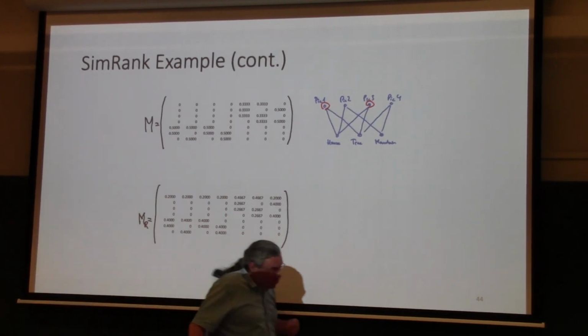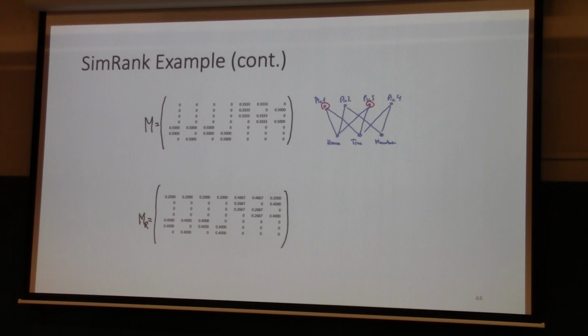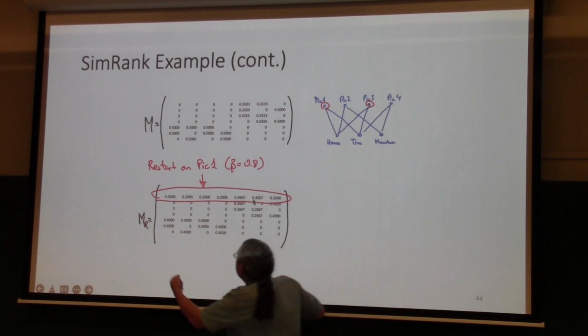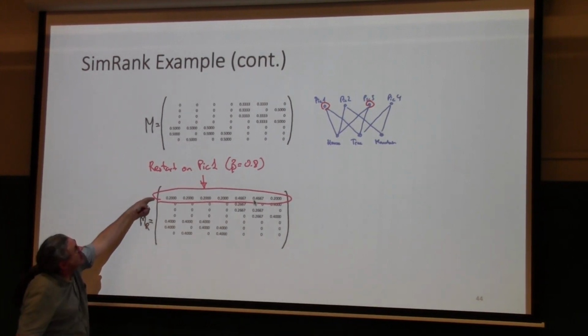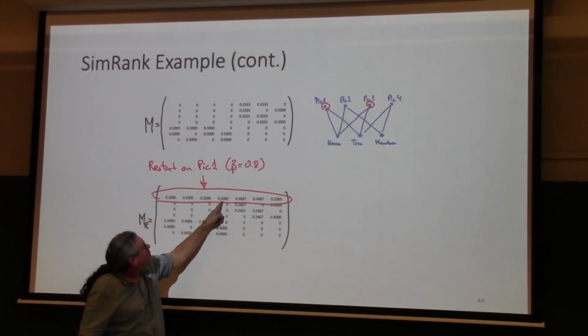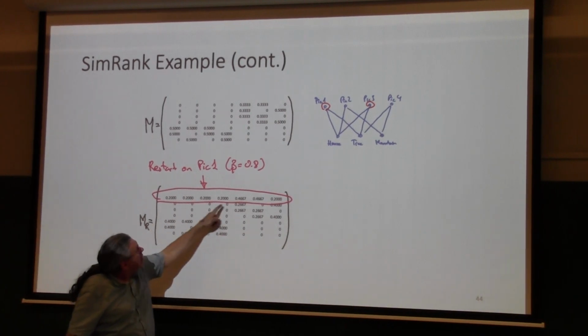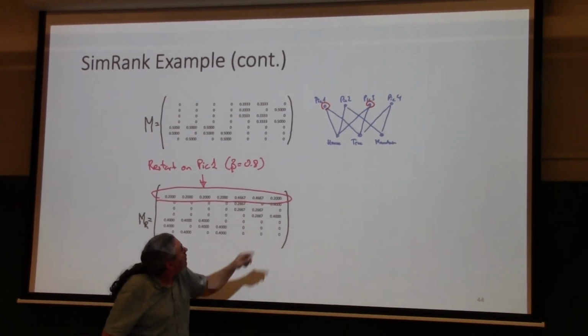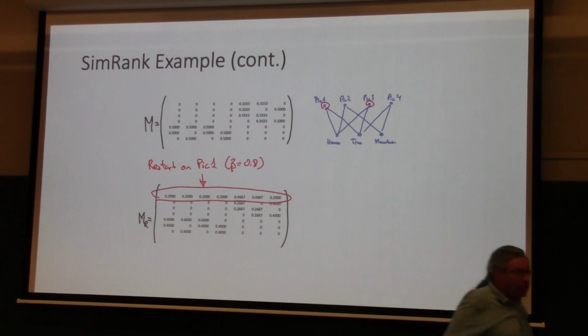So you compute the PageRank matrix, and you can see that here you can do the restart on pick 1. So from pick 1, you go 1, 2, 3, 4. It's like a teleport. And here you have the three things on the bottom.